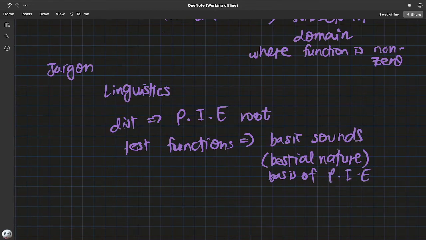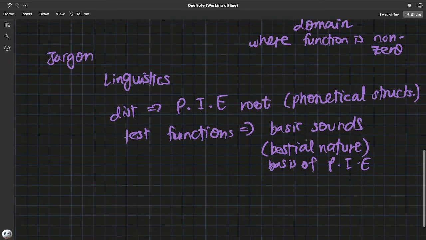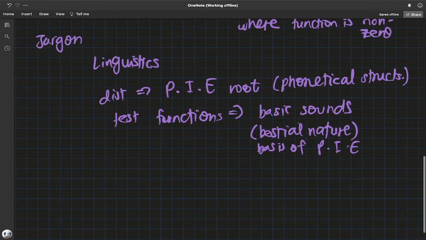I call it the root because it's not really a language. The words aren't really fixed. They're just a bunch of phonetical structures that certain languages like Sanskrit and Russian have used.